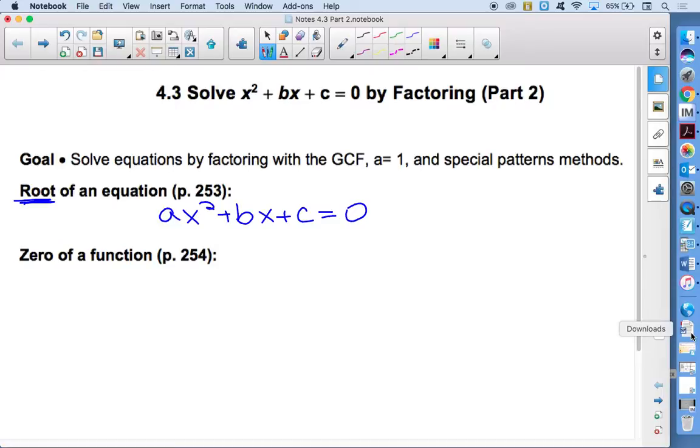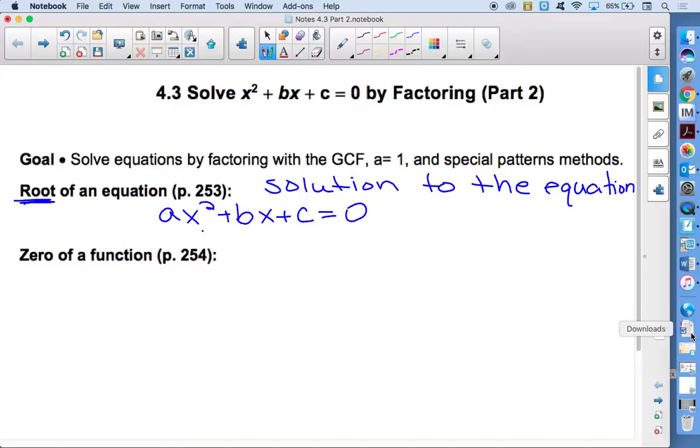A root is the same thing as the solution to the equation. So when you see the word root, don't get worried. A root is really just saying solve the equation, find the solution to it.